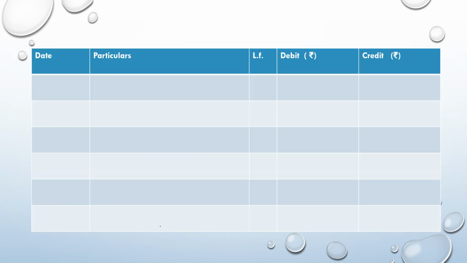lakh. So you record sundry assets account debit 66 lakhs. Goodwill account debit 2 lakh.